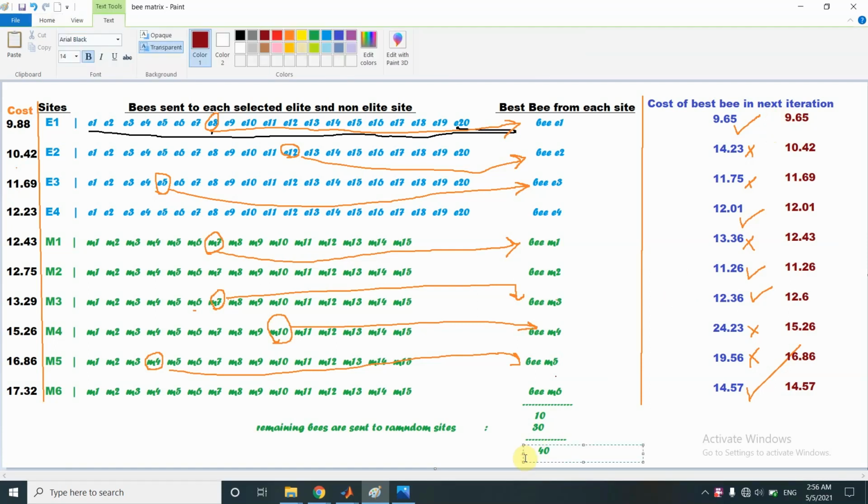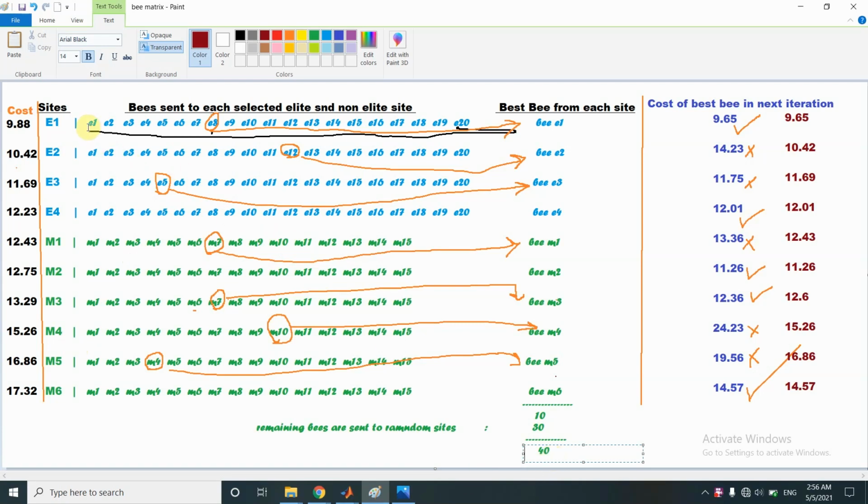This 40 is the actual population for our algorithm, and these 20 into 4, that is 80 bees sent to the elite sites, and these 15 into 6, that is 90 bees sent to the non-elite sites, are not part of the population of these 40 bees.